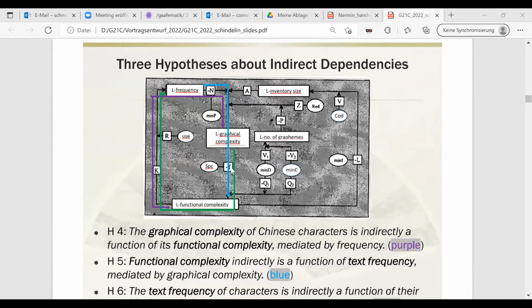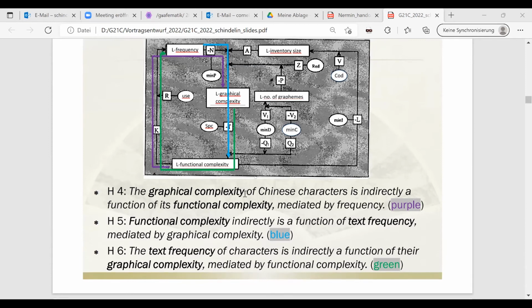Those are the colored arrows here that go through another rectangle, stating, for instance, that functional complexity is indirectly dependent on the frequency, on average, of Chinese characters, mediated by their graphical complexity. And we will hear a little more about graphical complexity.